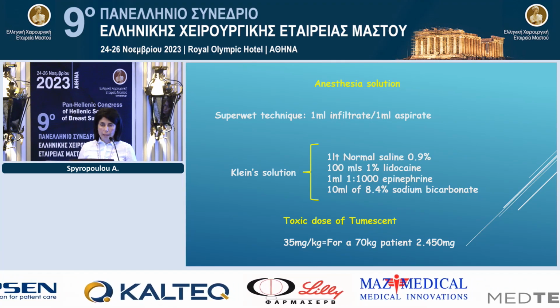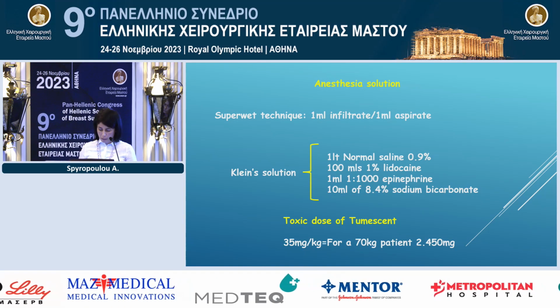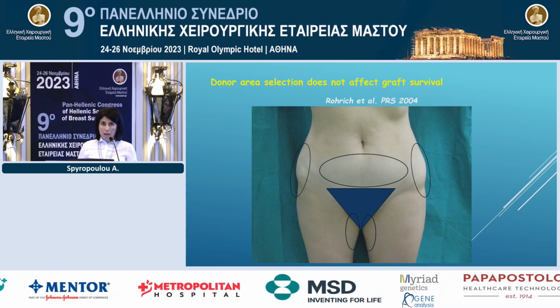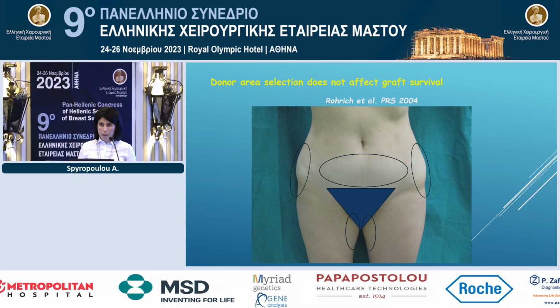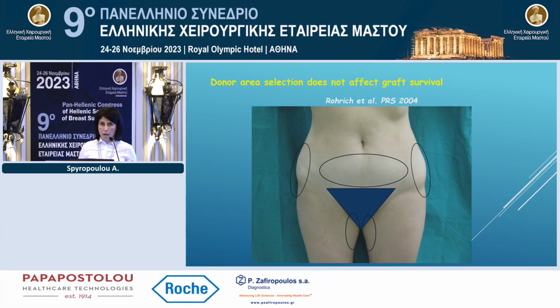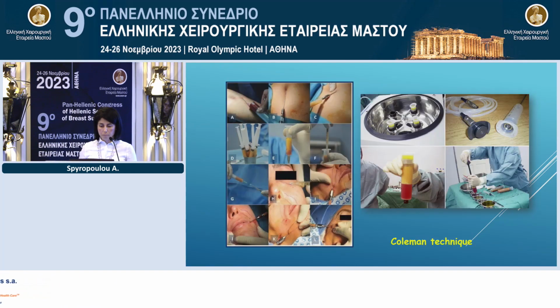We use the super wet technique, that is, we put 1 ml of infiltrate per 1 ml of aspirate. The donor area does not affect the graft survival, so we can use any part of the body and we can adjust that if we want to improve the contour accordingly.